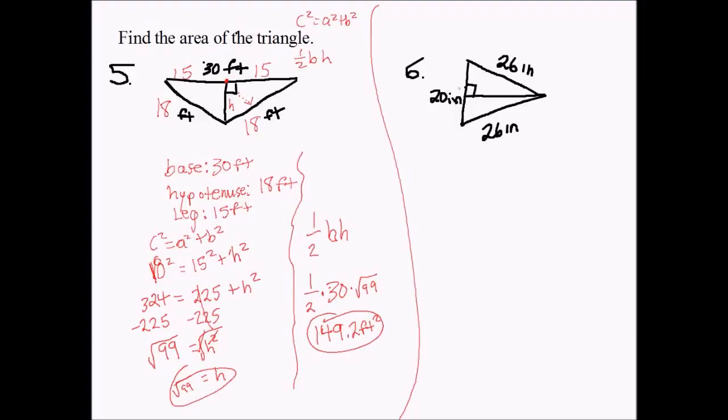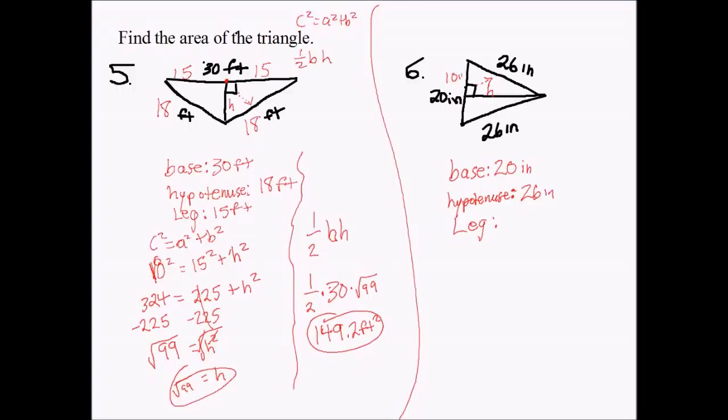Let's try to do number 6 the same way. So your base here is 20, okay? Your height, you don't know yet, so let's say base is 20 inches. Right here, across your right angle, your hypotenuse is 26 inches. And so now you have a leg, and remember, you got to split this up into two.